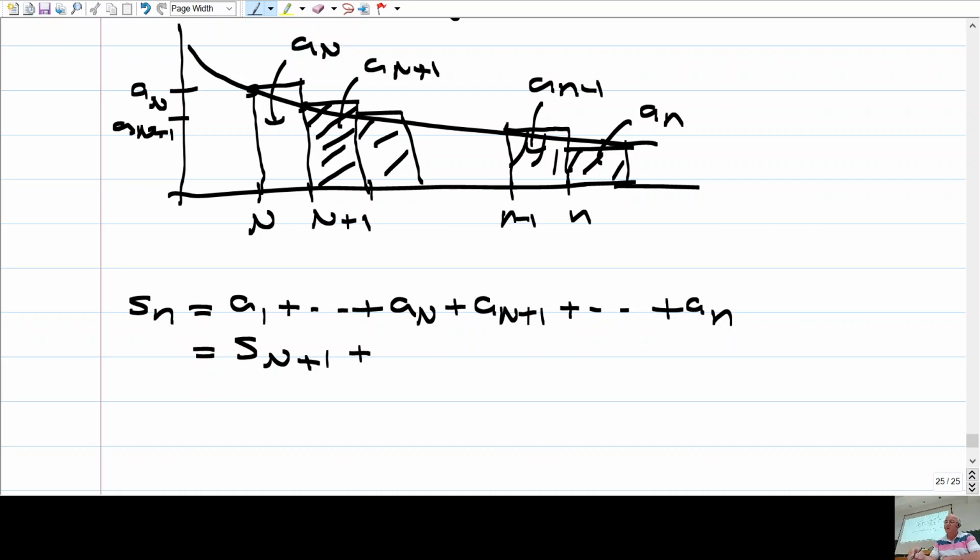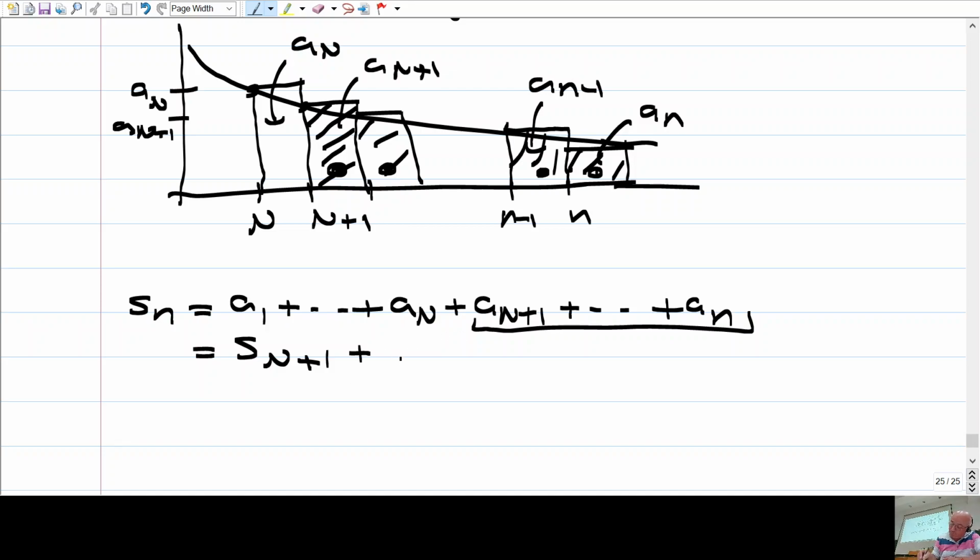But you see, this time rectangles are higher than the curve, right? So the sum of these areas, starting from n plus 1 up to here, so this rectangle, this one, and this one, the sum of these rectangles is larger than the area under the curve.